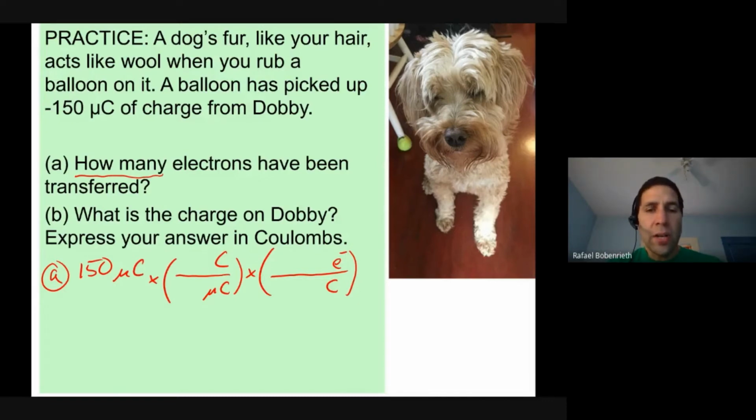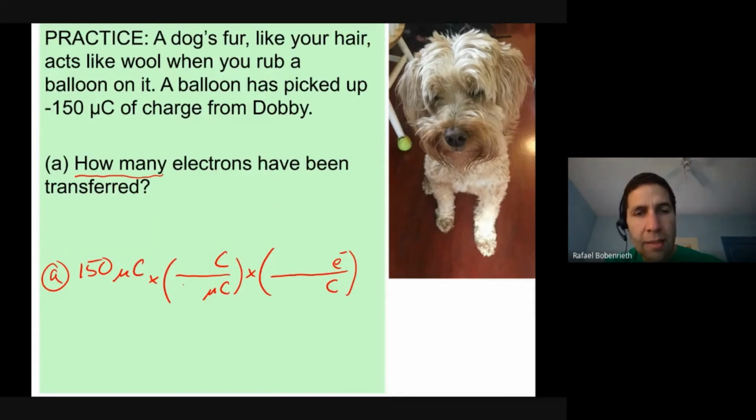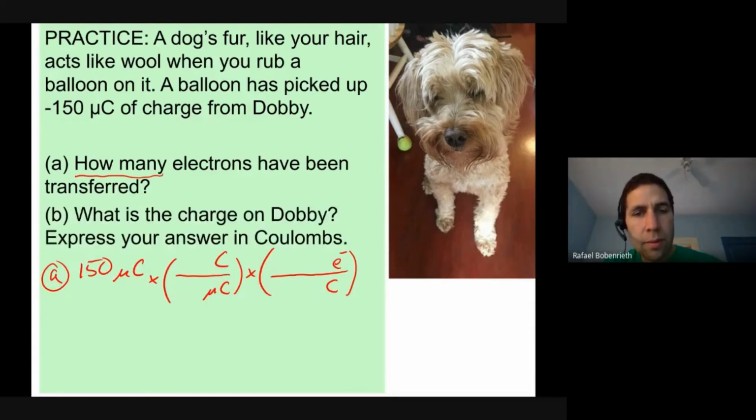Now, if you take out your handy dandy metric conversion, we know that 1 times 10 to the 6 microcoulombs is 1 coulomb. And then we know from the previous slides that 1.6 times 10 to the negative 19th coulombs is 1 electron.